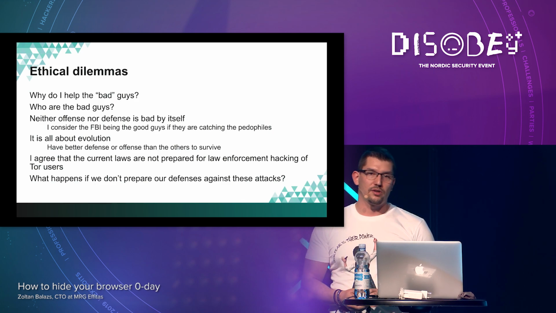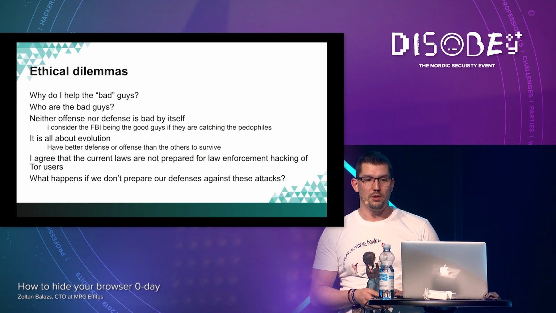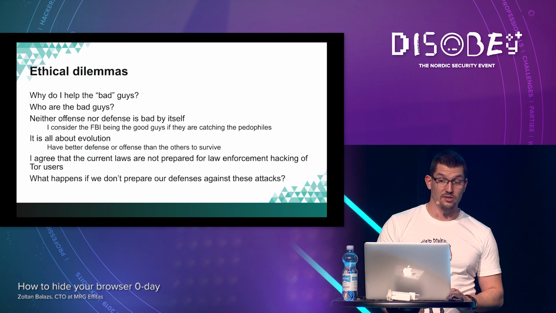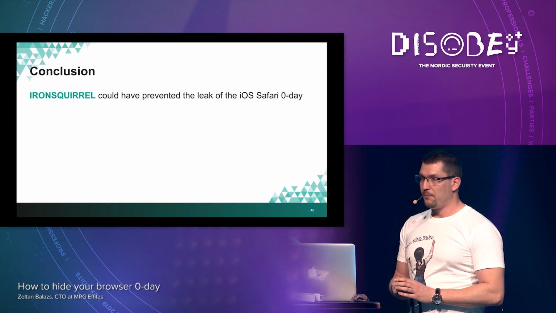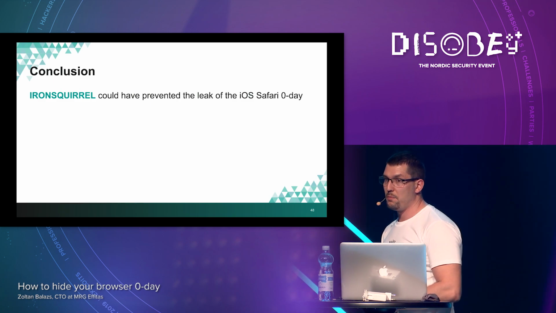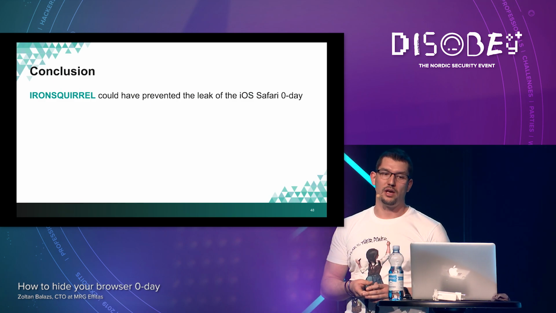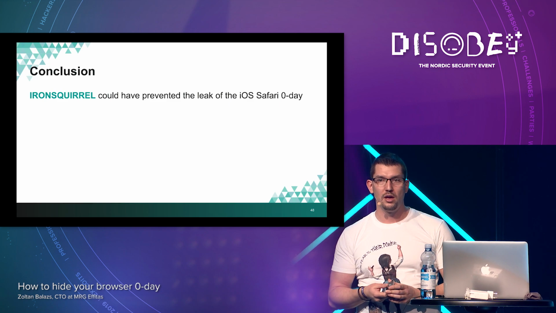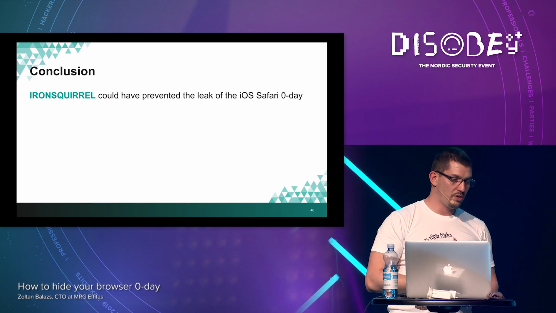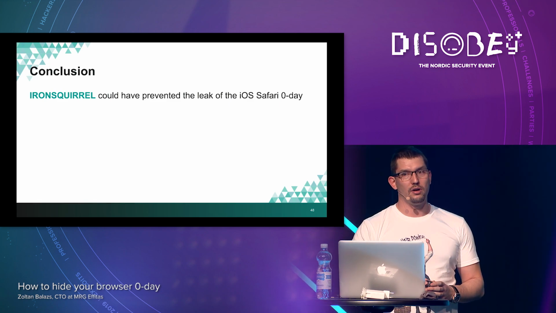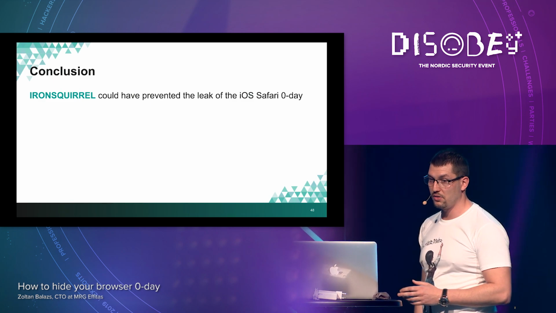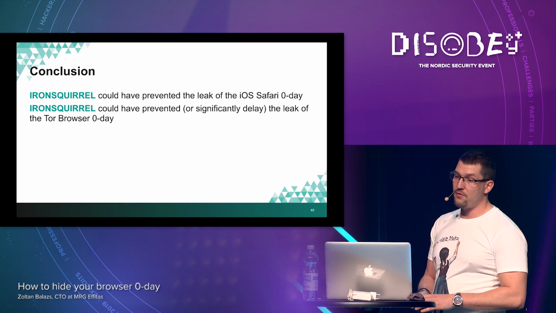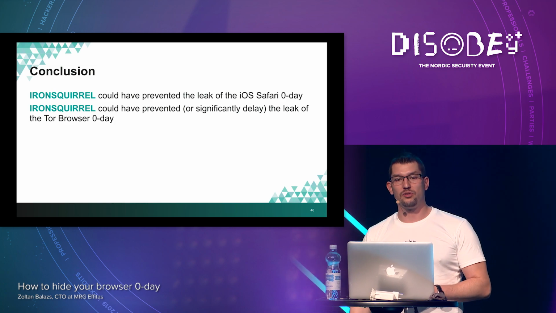And you should really ask, what happens if you don't prepare your defenses against these kinds of attacks? So, as a conclusion, Iron Squirrel could have prevented the leak of the iOS Safari 0 day, which was a lot of money lost for the guys who owned this 0 day exploit. It could have prevented the leak of the Tor browser 0 day.